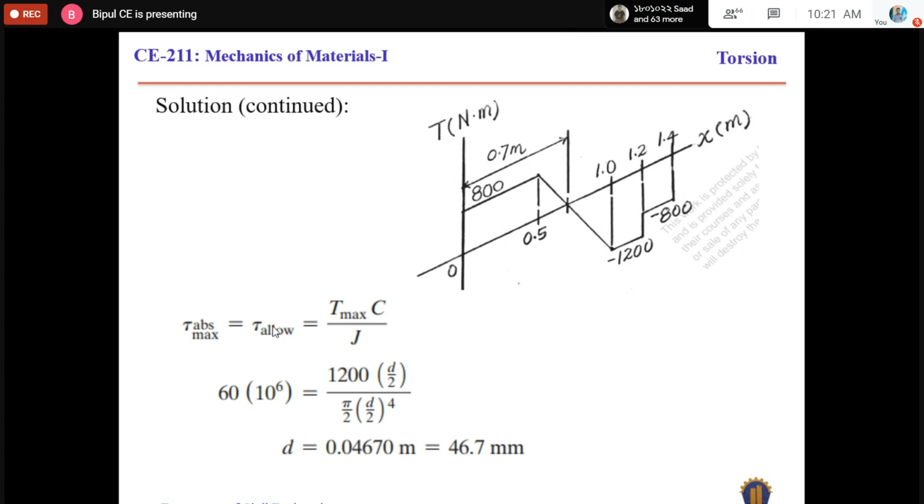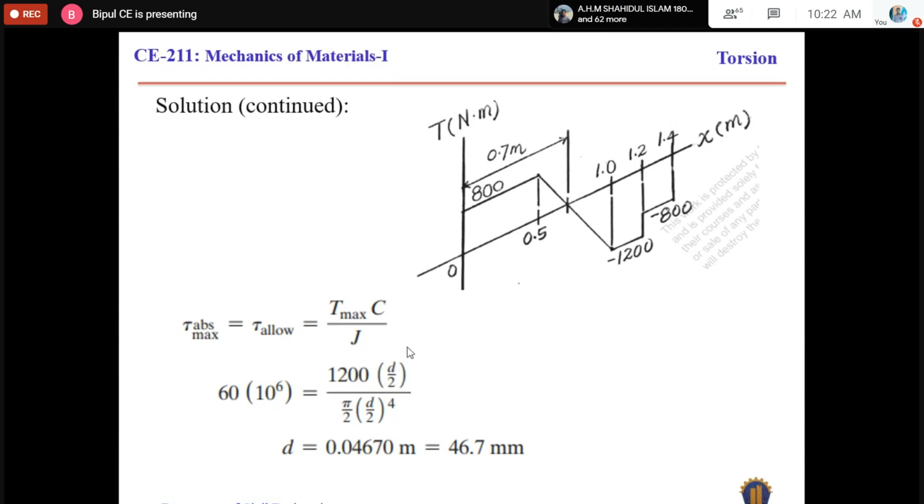The maximum allowable shear stress is 60 MPa. To convert it into Newton per meter square, this 60 will be multiplied by 10 to the power 6, and the maximum torsion is 1200.